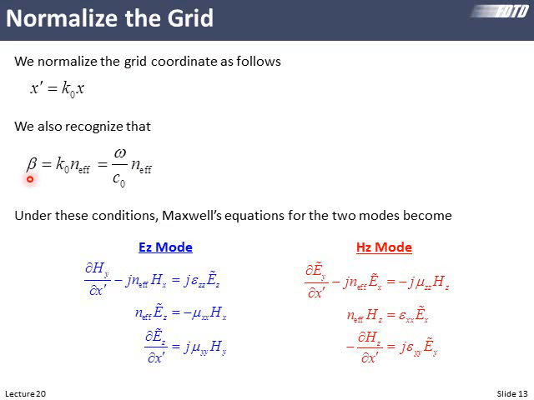We also need to recognize our propagation constant beta is the same k0 term times the effective refractive index of our mode. And the way we interpret the effective refractive index, imagine we had a mode racing down our waveguide. If right next to it we had this infinite slab of dielectric and a plane wave propagating in it, if we want to see phase accumulating at the same exact speed, or these things traveling at the same speed, if you will, then the refractive index of that bulk slab needs to be n effective, the same as the effective refractive index in the waveguide.